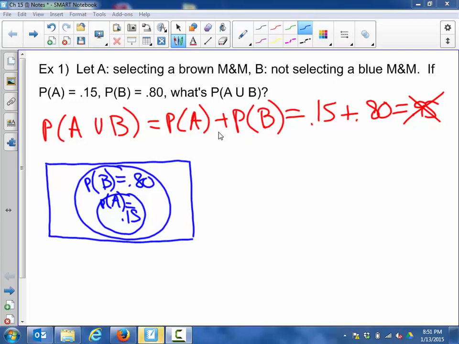The problem with what we did in red is that you're effectively adding that small circle probability together 2 times, because that 15% is included within the 80% already.